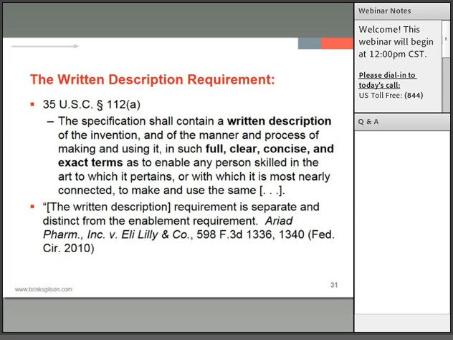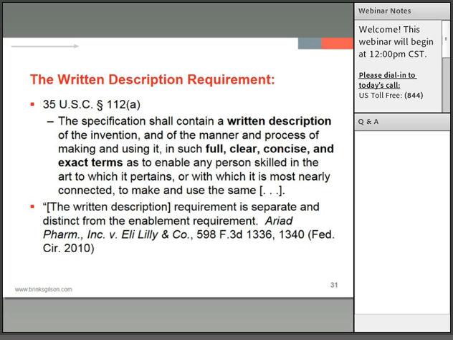It also requires enablement, but that's not the topic of the present presentation. We talk about the written description requirement, and the Federal Circuit, the United States Court of Appeals for the Federal Circuit, which is in charge of patent decisions, decided that the written description requirement is separate and distinct from the enablement requirement.